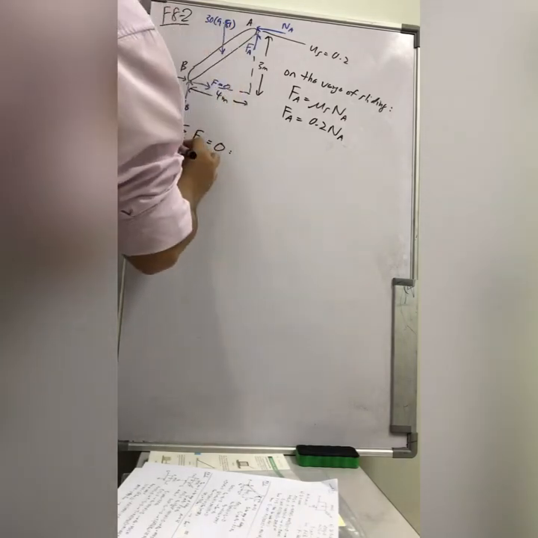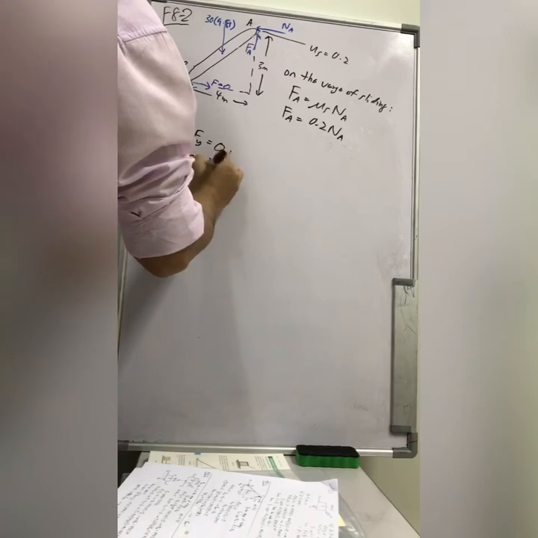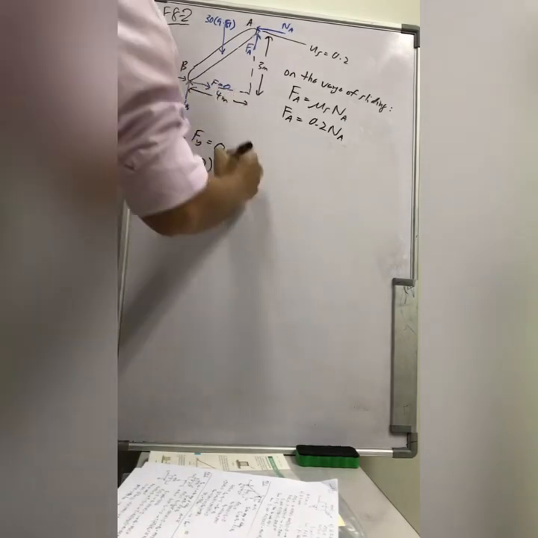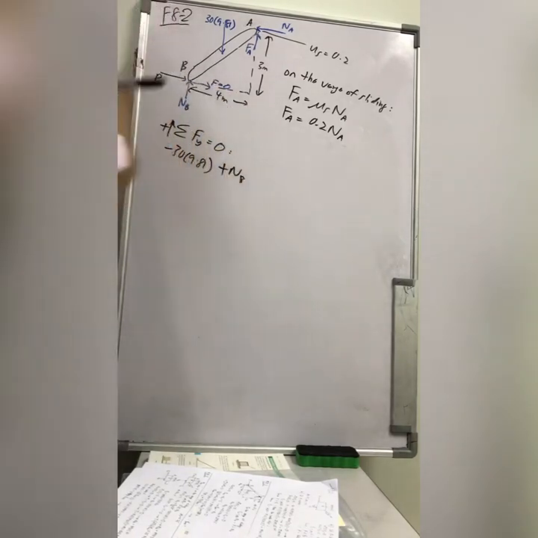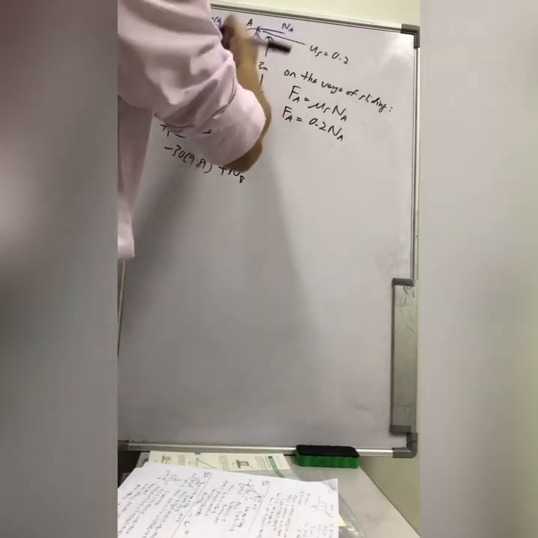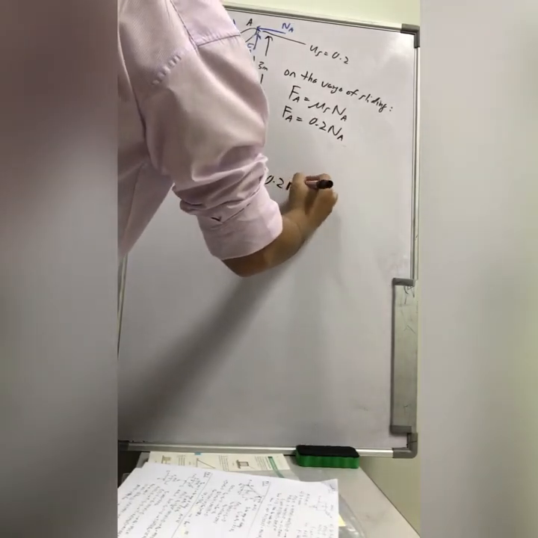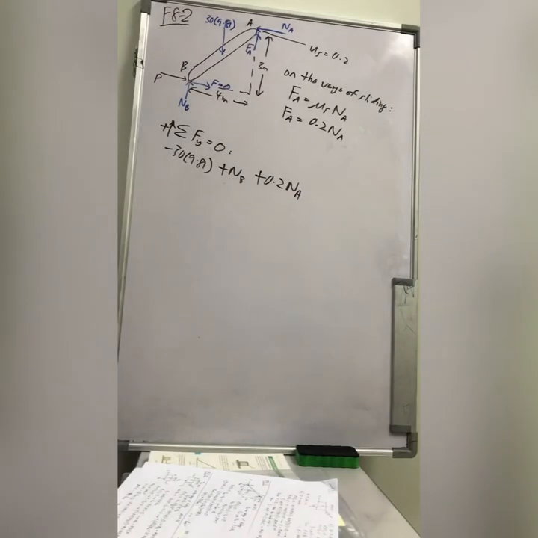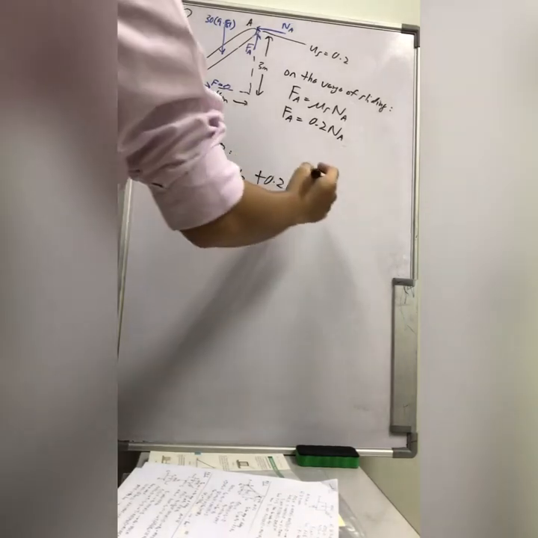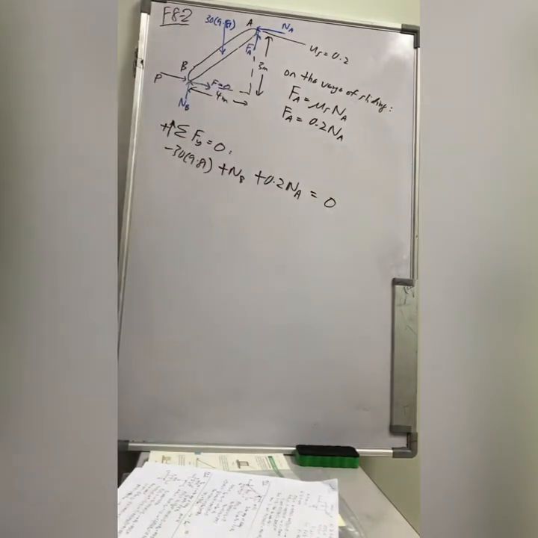You have minus 30 times 9.81, the weight, and then you have NB over here, and then you have this FA, which is 0.2 NA going up, positive, equals 0.